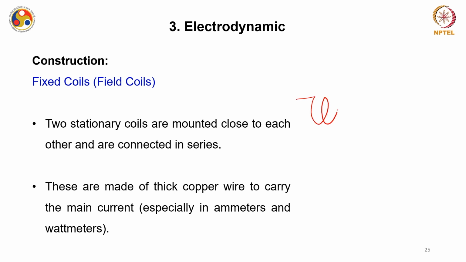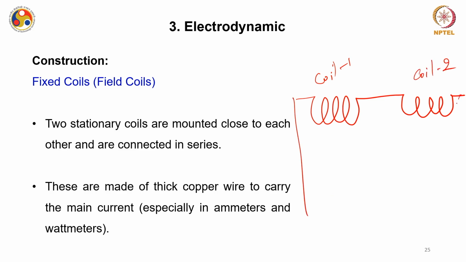So say you have these two coils, I am calling this coil 1 and this is coil 2. So these two are the stationary coils or the field coils which are mounted close to each other and connected in series.